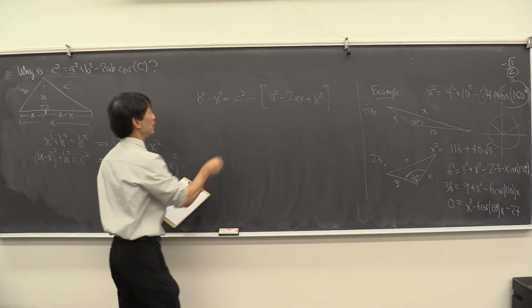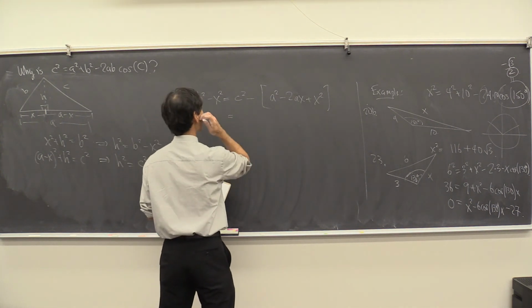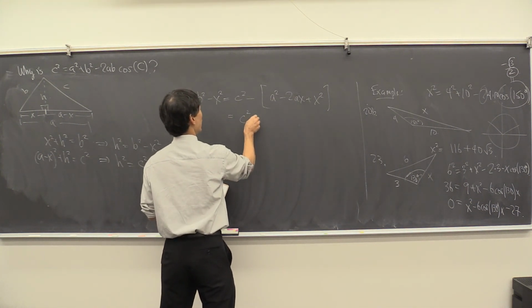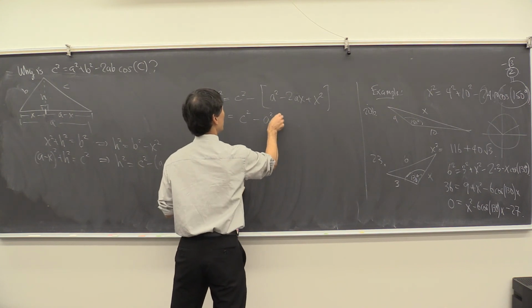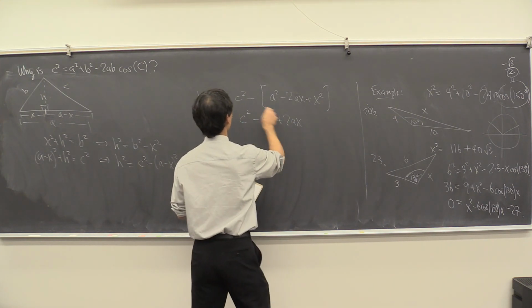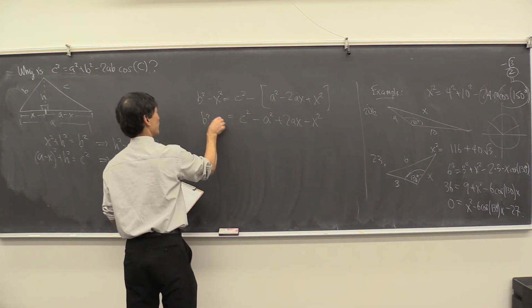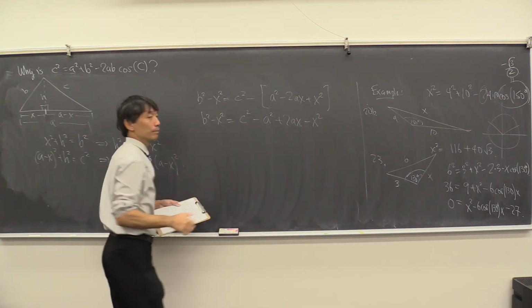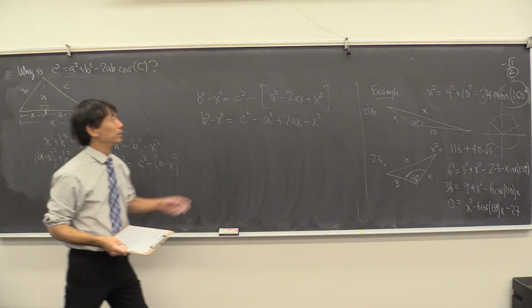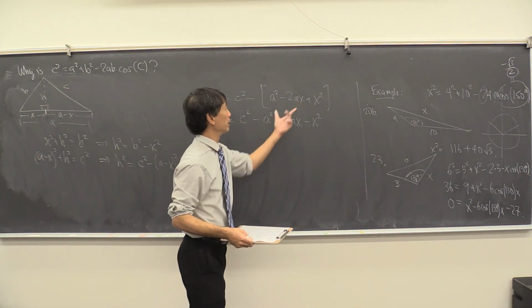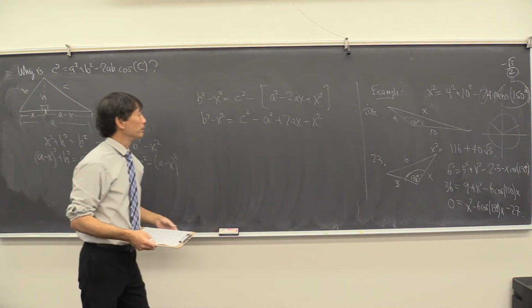So that tells me that c squared minus a squared plus 2ax minus x squared equals b squared minus x squared. I just subtracted this thing and flipped all the signs.